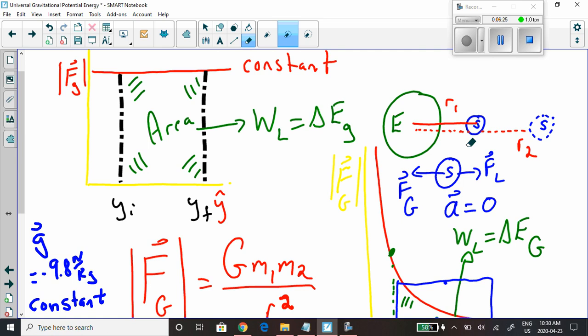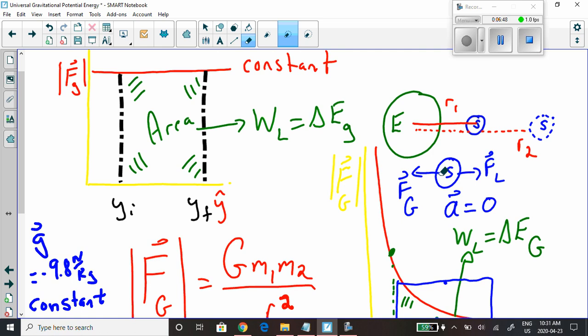So just like you can lift an object against the gravitational field near the surface of the Earth when the gravitational field is constant, you can quote unquote lift the object against the gravitational field right here to a new position. So very similarly, I'm going to have force lift, right?